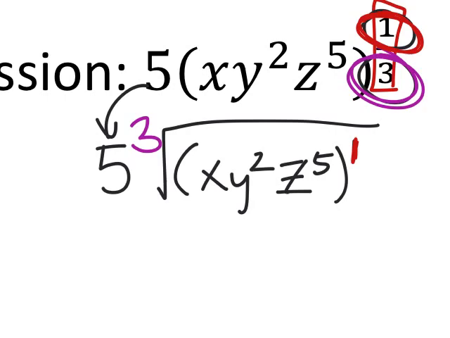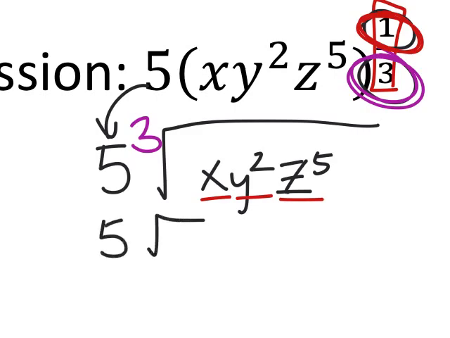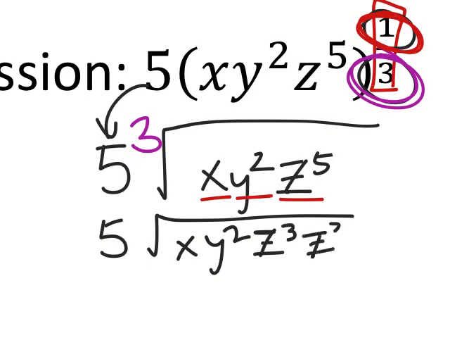Now that we have it to this point, it's to the power of 1, so that's not really going to make a difference. Let's look at these separately. There's not enough x's to pull out of this cube root, nor y's, but there is enough z's. If I look at this separately, we've got the cube root of x, y squared, z cubed, z squared.